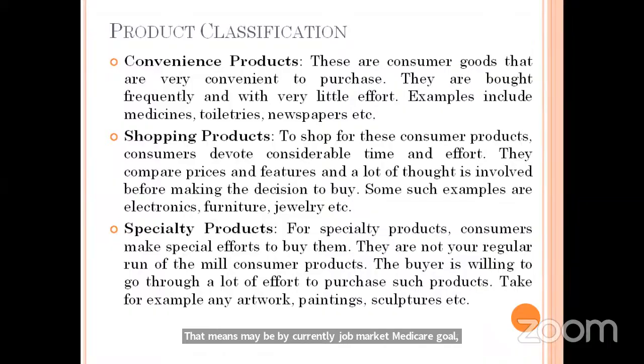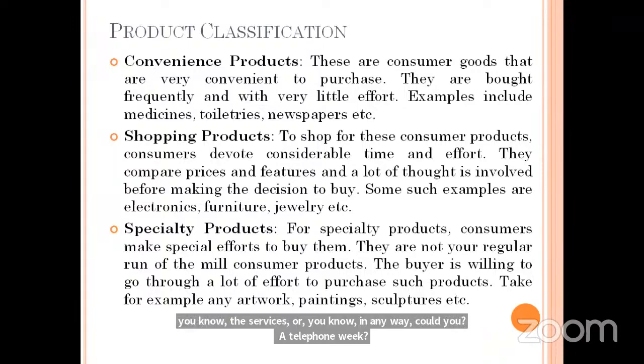I will definitely buy a product if it comes from a particular brand, otherwise I will not buy. If there is a medicine like Gelusil and it is not available, I will not take any substitute of Gelusil. मुझे Gelusil ही चाहिए. So sometimes consumers are very particular about the product, maybe in terms of brand, location, services, or in any way. आपको जो अच्छा लगता है वही खरीदेंगे. That is called convenience product.